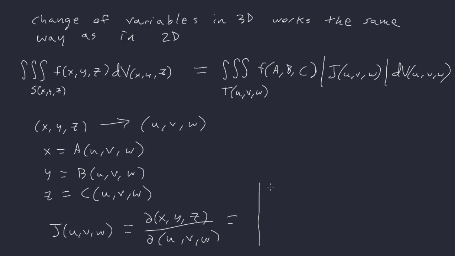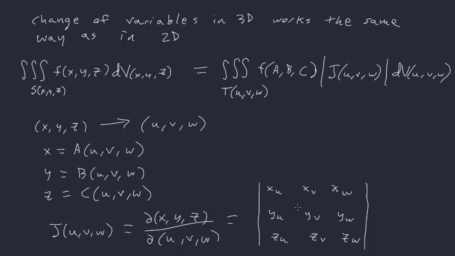So it's the determinant of, let's say, x sub u, x sub v, x sub w, y sub u, y sub v, y sub w, and z sub u, z sub v, and z sub w. Okay, and we take the absolute value of that determinant, and we get the new triple integral in terms of our u, v, and w.